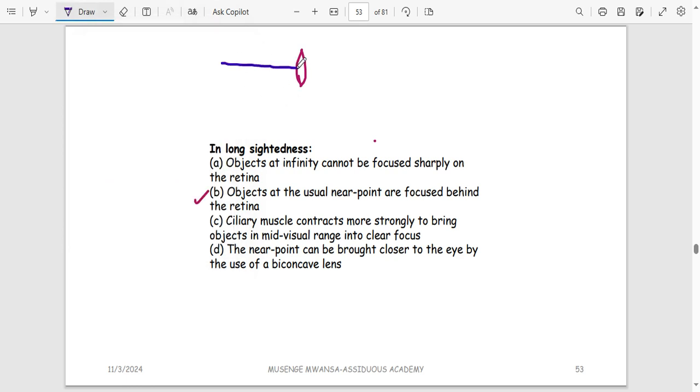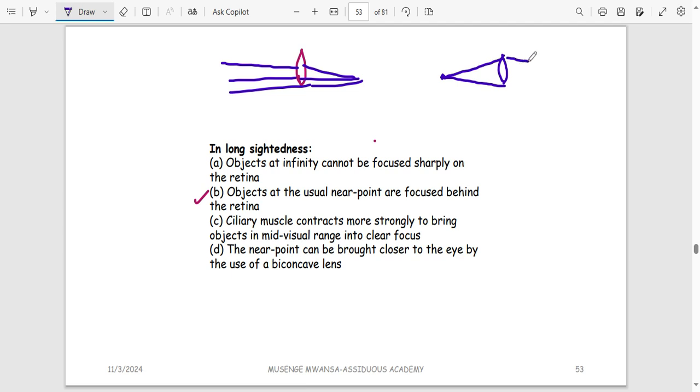So the rays are going to be coming parallel, and then they will be able to converge just on the retina. But when you come to less than 6 meters, so let's say the object is now here, the light rays are going to be going like that, and the eye, let's say for example you have short eyeballs, will not be able to converge the light properly.